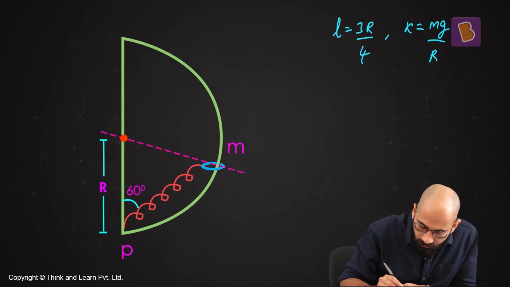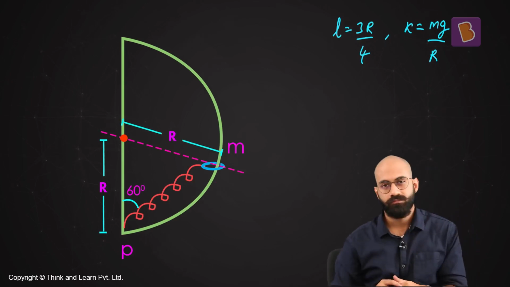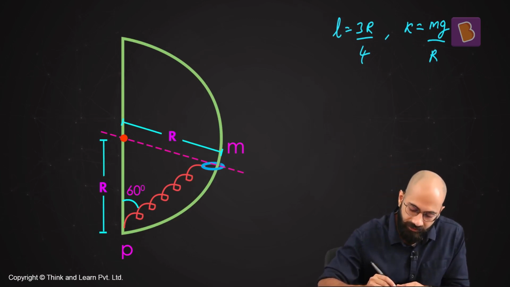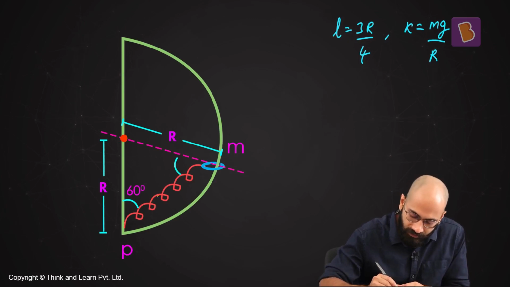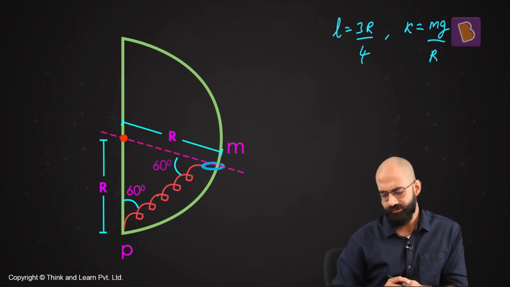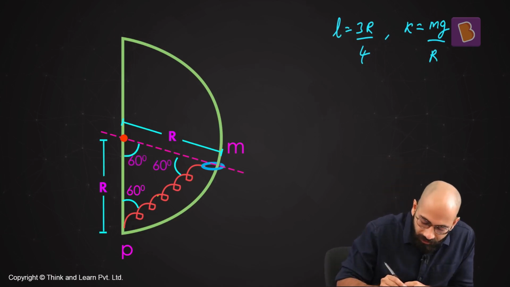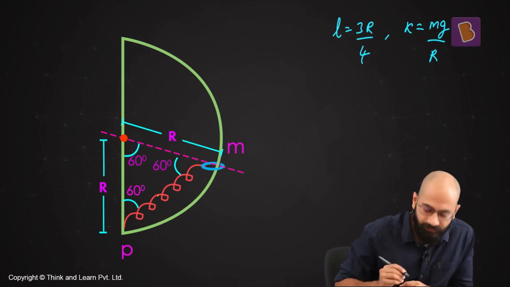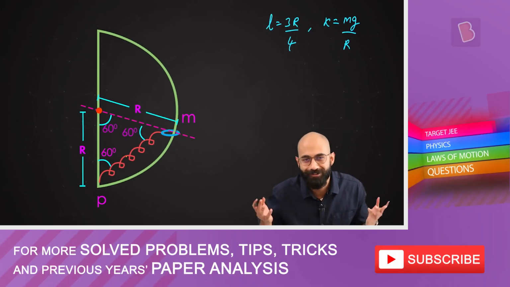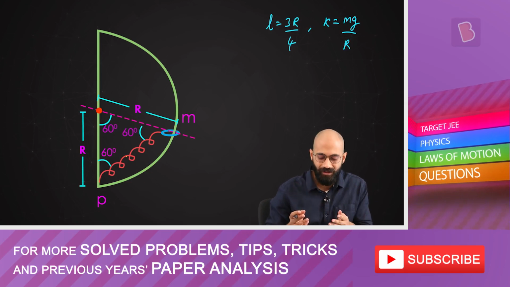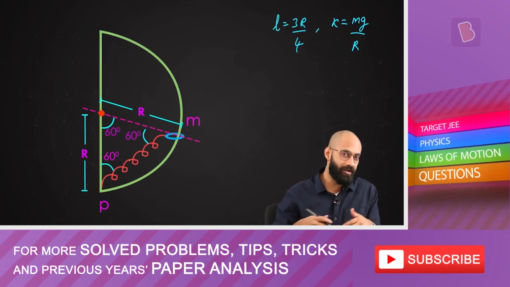This length also is going to be r, right? So for sure it's an isosceles triangle, which means that if this angle is 60 degrees, then this angle also has to be 60 degrees, okay? But then if these two angles are 60 degrees, then this angle also has to be 60 degrees, right? Simple, because of the angle sum property, which means that this is not just an isosceles triangle, it's an equilateral triangle, right? All sides are equal.